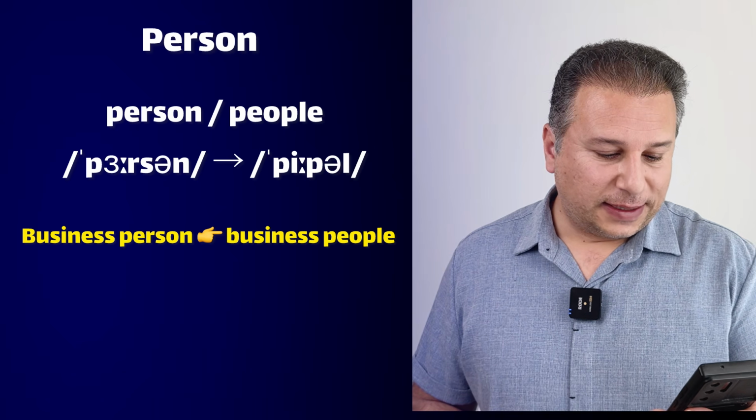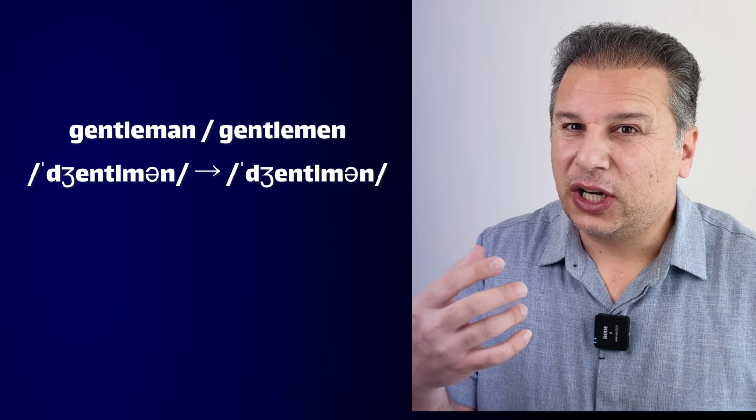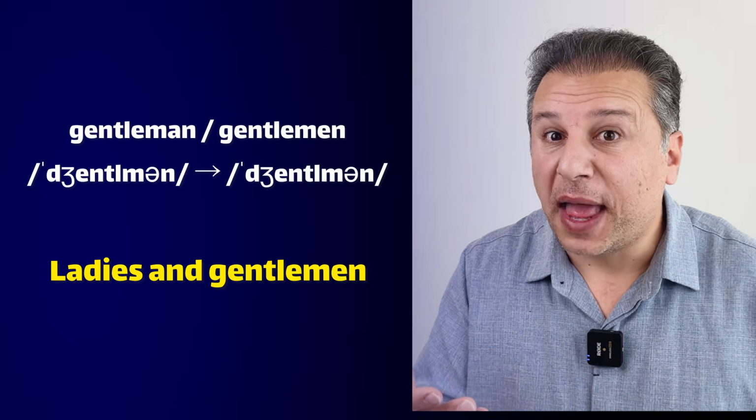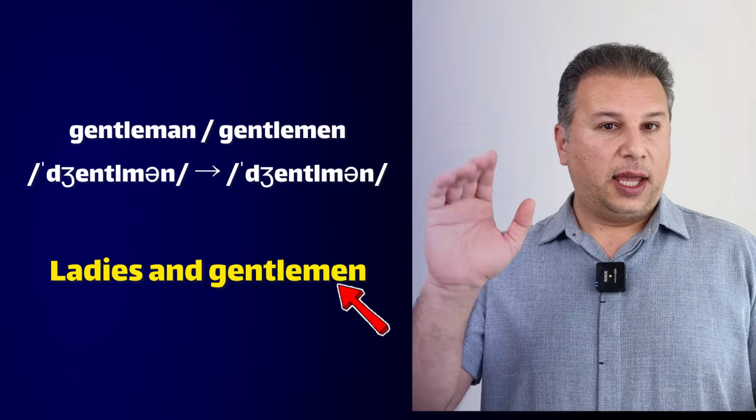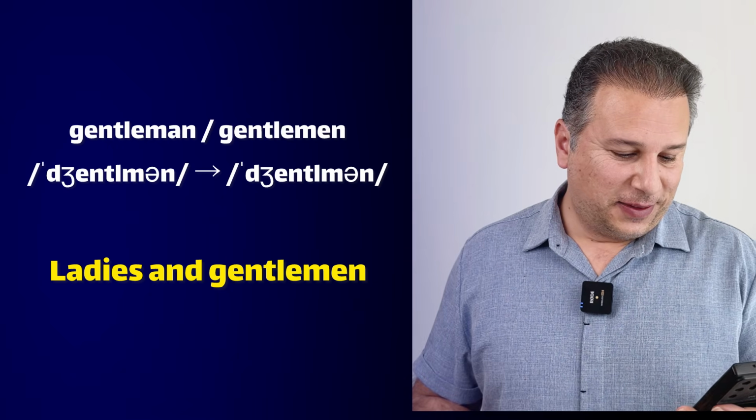Word number 17, the same as that one. Gentleman, gentlemen. So we always hear ladies and gentlemen. It's not gentleman. Hi, ladies and gentlemen. Number 18, let's move on to animals. Number 18, mouse. So the plural is not mouses, it's mice.